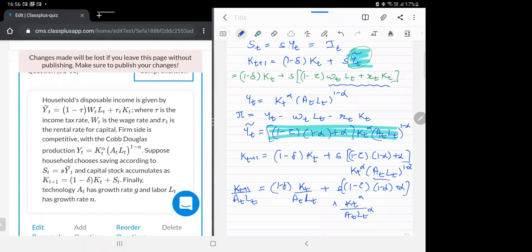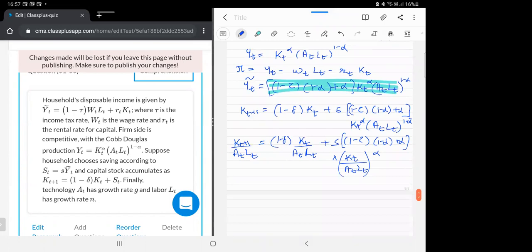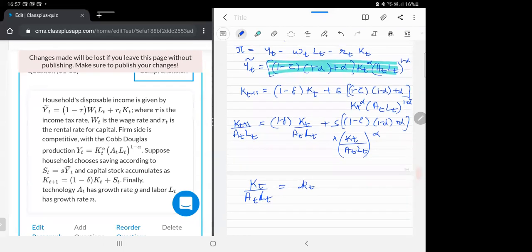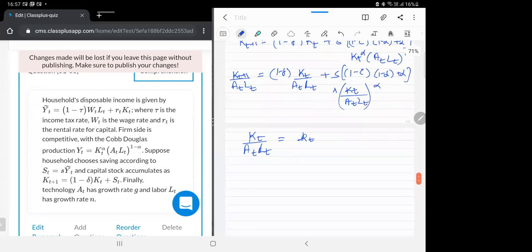You see, this (A_t L_t)^(1−α) will cancel out, so you'll be left with this entire thing to the power α. Then you can write capital K_t upon A_t L_t equals small k_t.